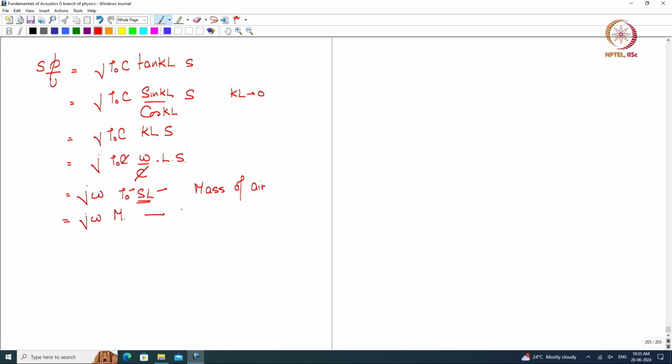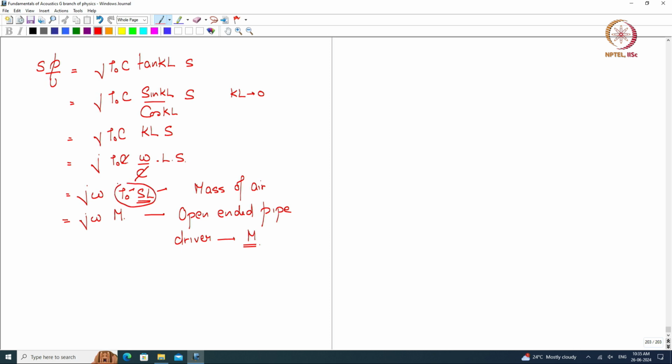So that means an open ended pipe, from the driver position, looks like a mass. And the value of the mass is the mass of the volume of air in the pipe.